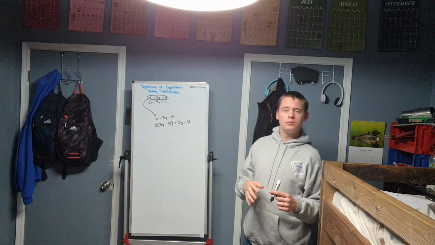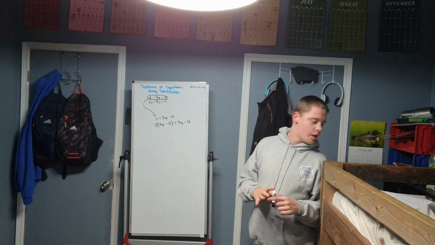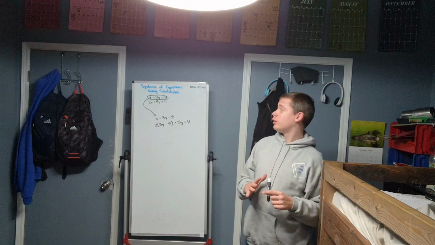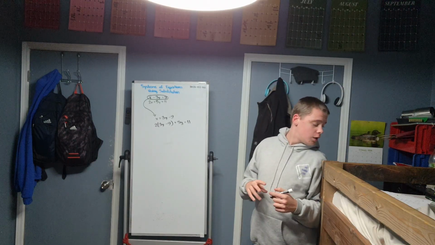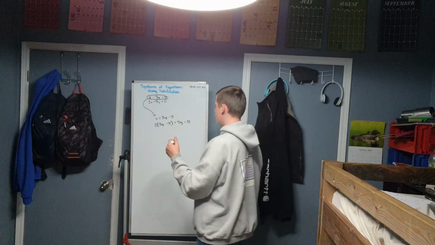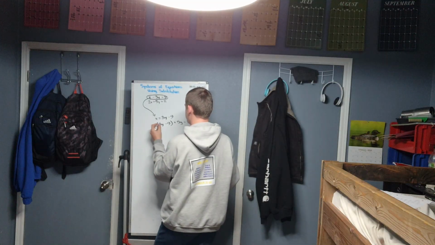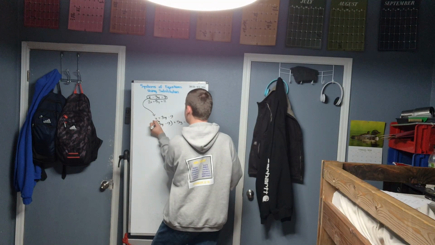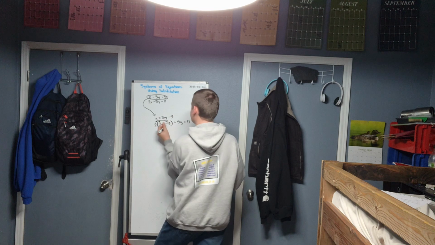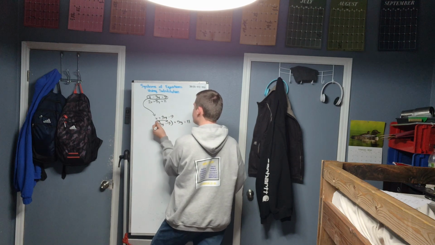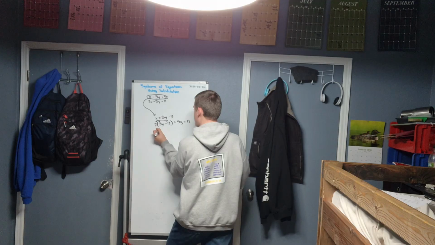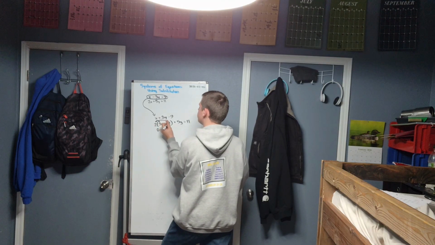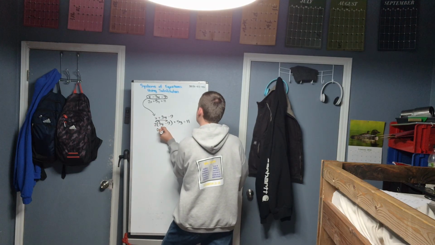So, part of the second equation. We have 2 times (3y plus 9). So 2 times 3y, we all know is 6y. 2 times 9 is 18.